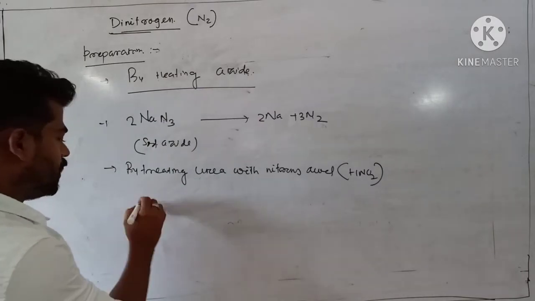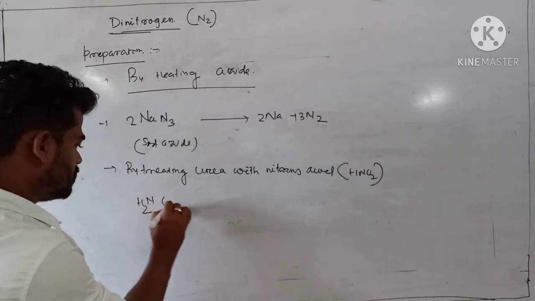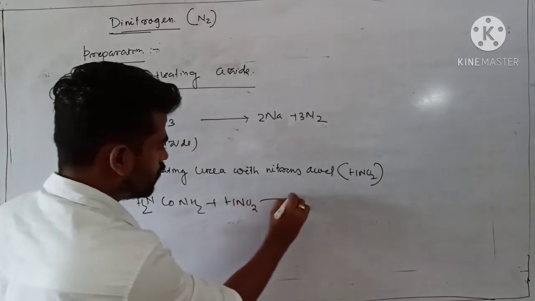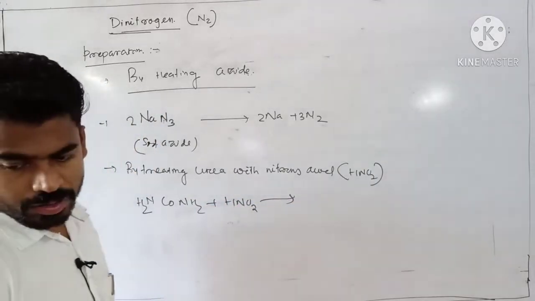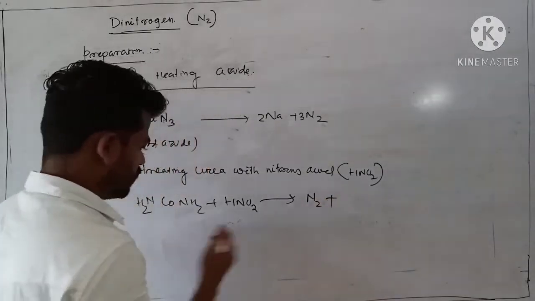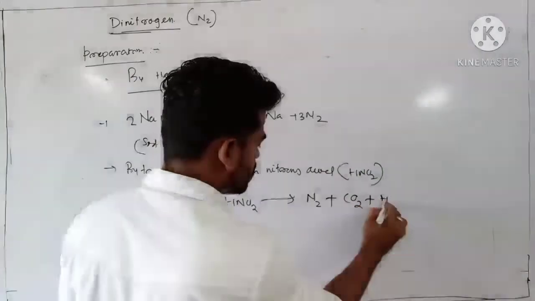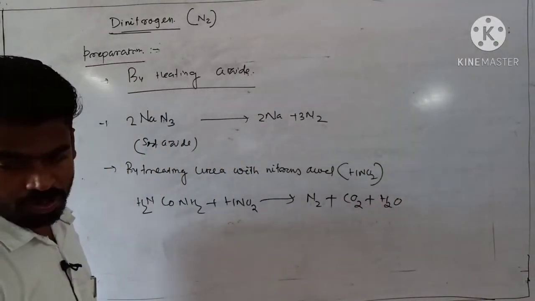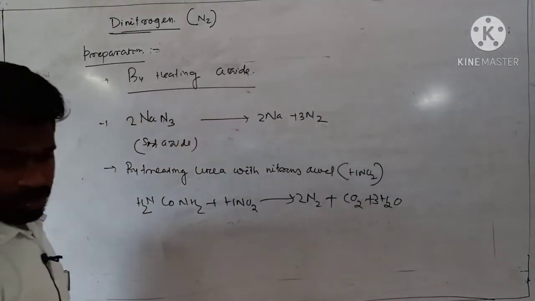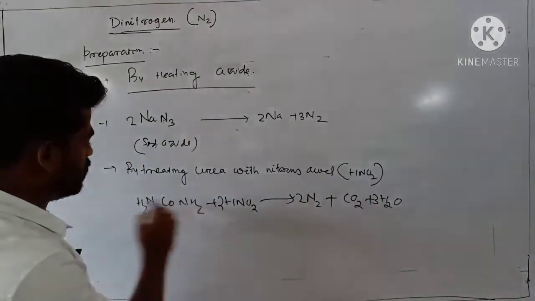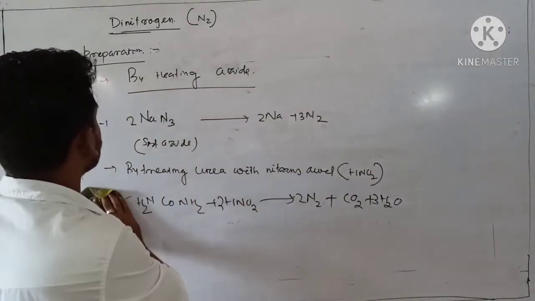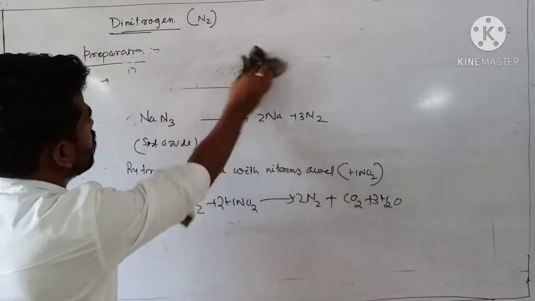Urea is NH2CONH2, and when treated with HNO2 it gives N2 plus CO2 plus H2O, with 2 HNO2 and 3 water. So these are some important methods of preparation of dinitrogen.